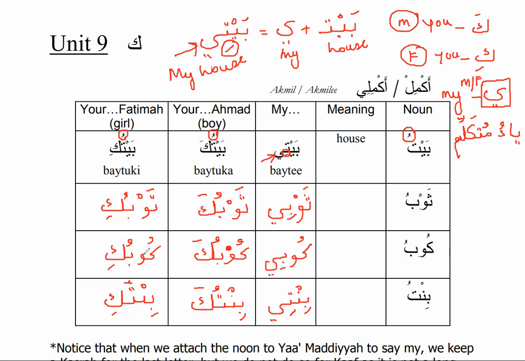The dhamma is maintained with the kaf damir, and with the ya damir, the dhamma changes to kasra because of the ya coming and attaching to it.